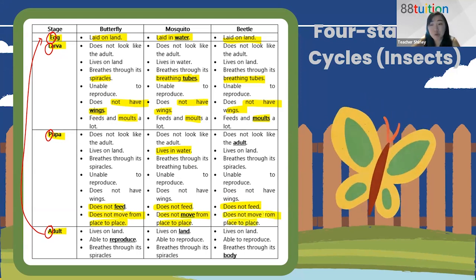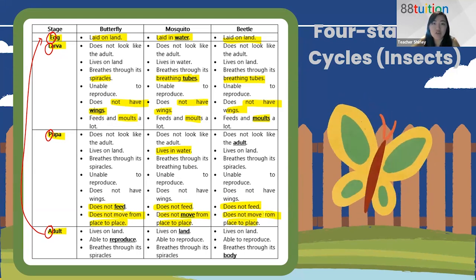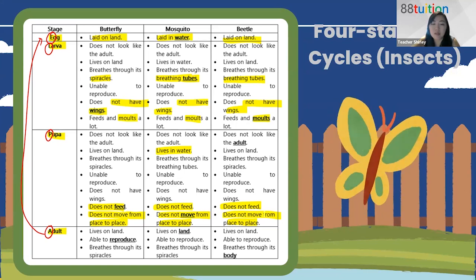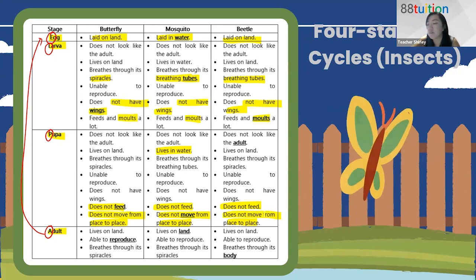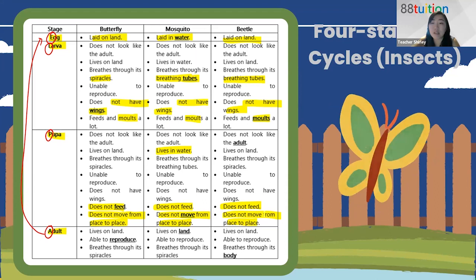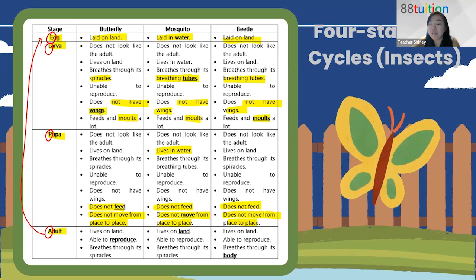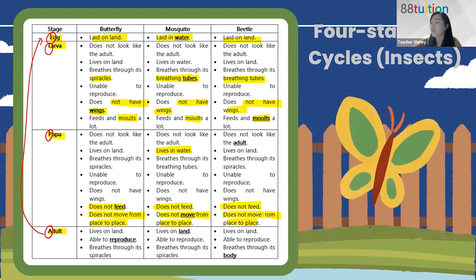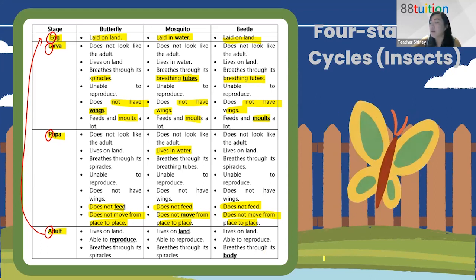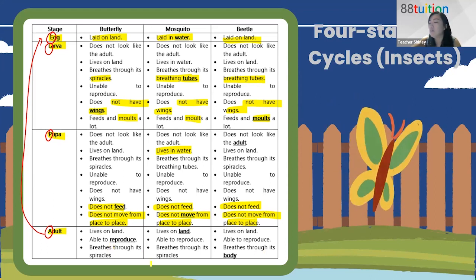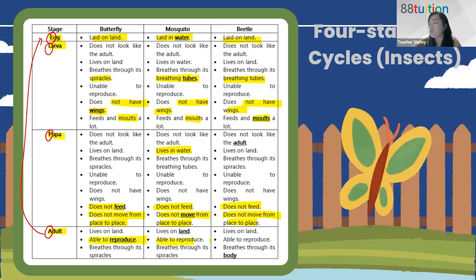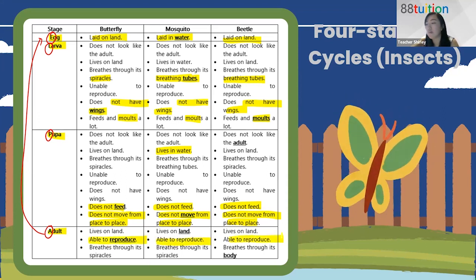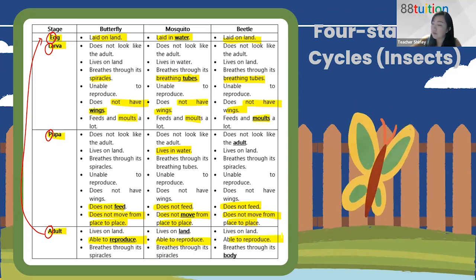Because at the pupa stage, they are trying to hibernate and gain energy to undergo metamorphosis. It will then become an adult after that. They are very similar. Then of course when it's an adult, it will be able to reproduce. I think that's the key thing.